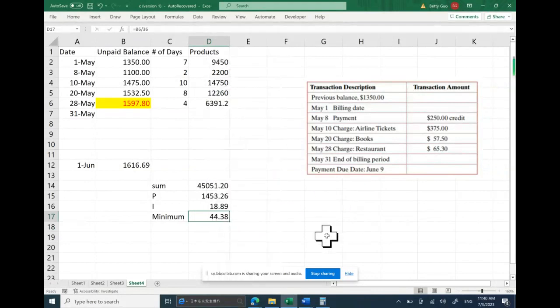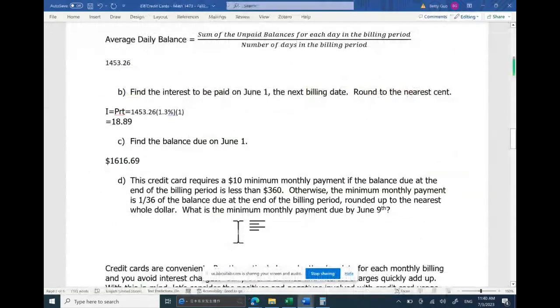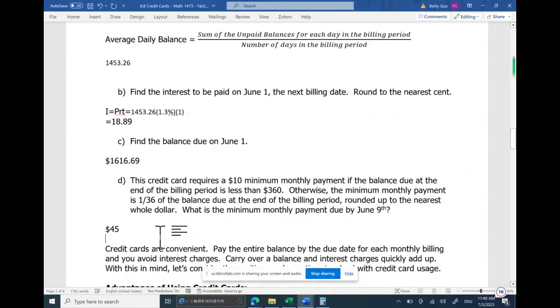We have to round up to the nearest dollar, so $45. Okay? That's how we handle this problem.